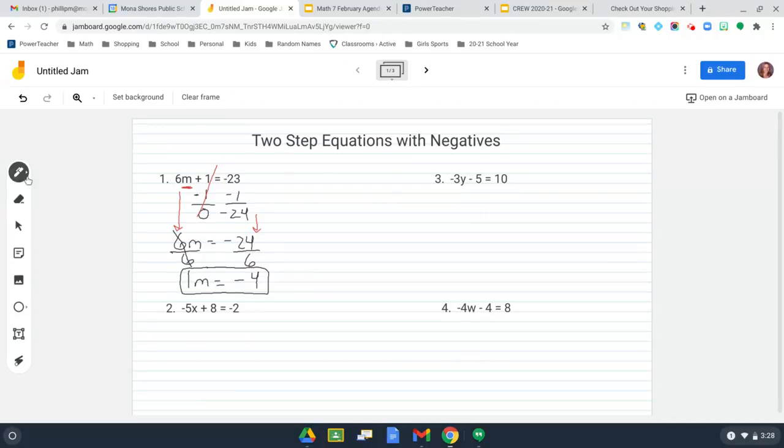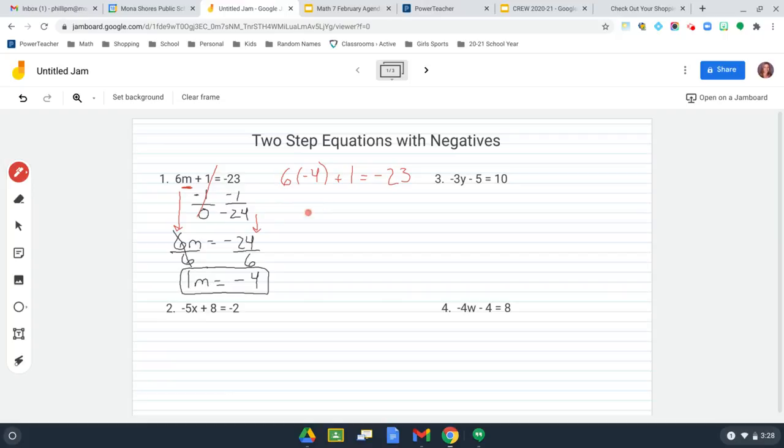So I'm going to show checking this answer. Over on the right, let's talk about 6 times, and I'm going to bring that negative 4 in that I solved for m, times negative 4, plus 1, equals negative 23.